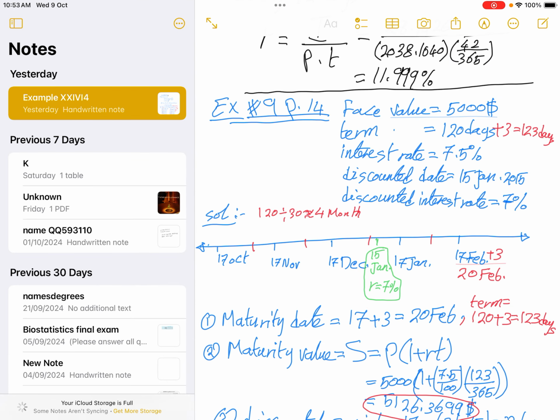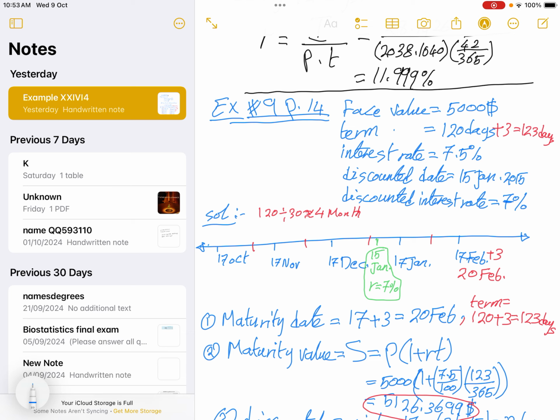Here, number 9, a face value of... In order to solve the question in an orderly way, write the given data in the question.